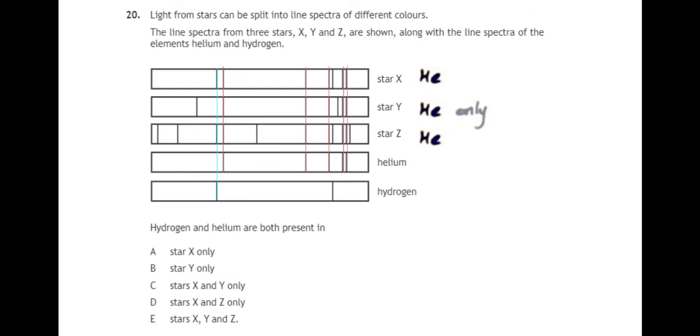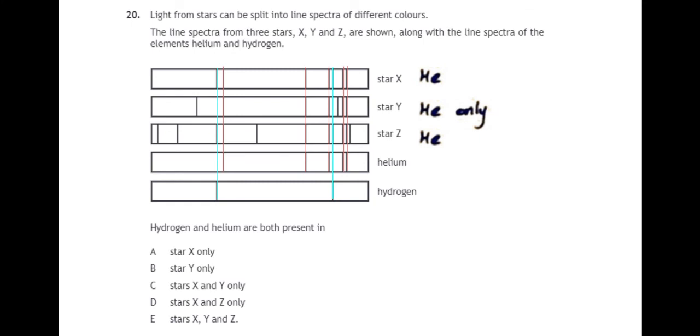So star Y contains helium only. Let's consider the other line of hydrogen to see if it's present in star X or Z. So the other line of hydrogen we can see lines up with one of the lines in star X and one of the lines in star Z.